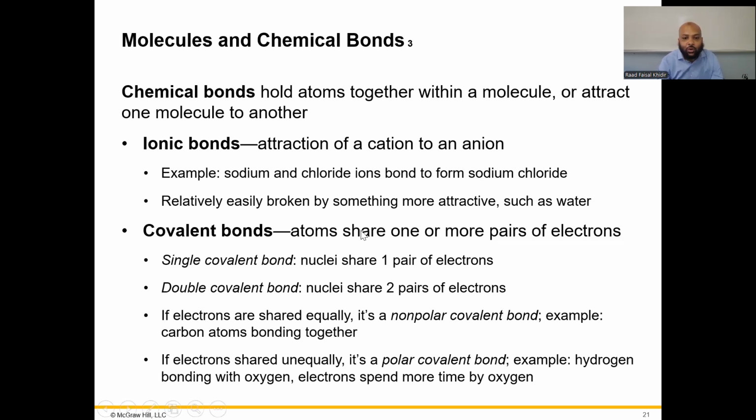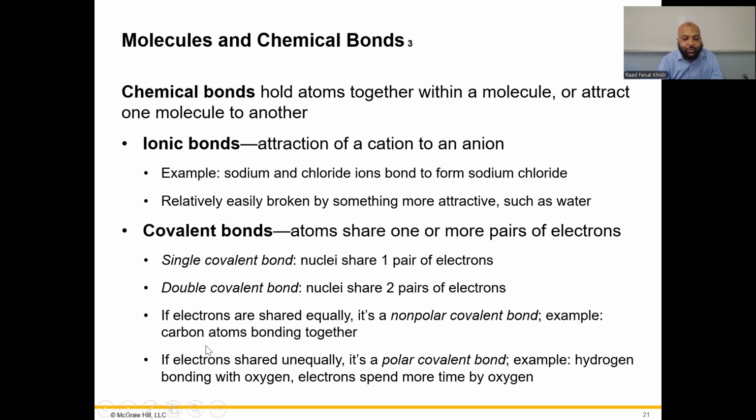Covalent bonds. Covalent bonds are atoms that share one or more pairs of electrons. So we have single covalent bonds, we talked about that, where nuclei share one pair of electrons, and a double covalent bond, where nuclei share 2 pairs of electrons. If electrons are shared equally, it's a nonpolar covalent bond.